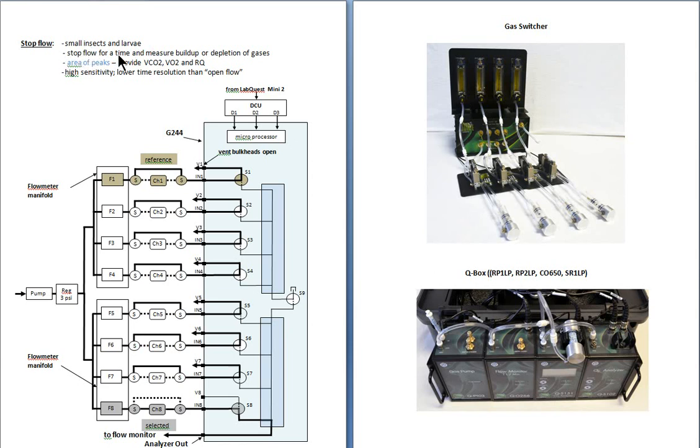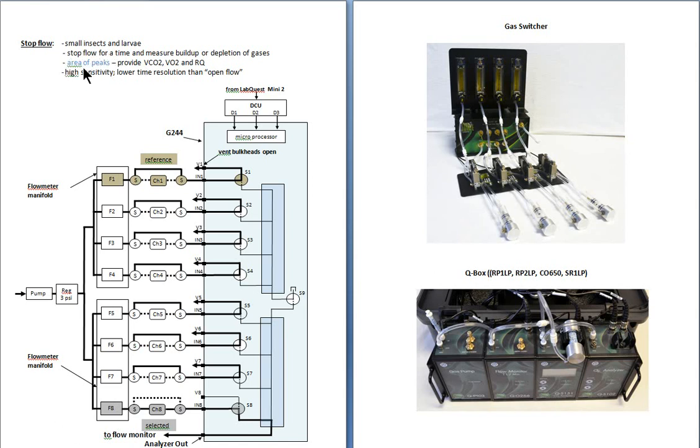So what you end up seeing is a peak in the case of CO2 or a trough in the case of O2. The data of interest is the area of these peaks, and in combination with the stop time, you can calculate VCO2, VO2, and hence RQ. The stop flow configuration has a much higher sensitivity but a lower time resolution than open flow.